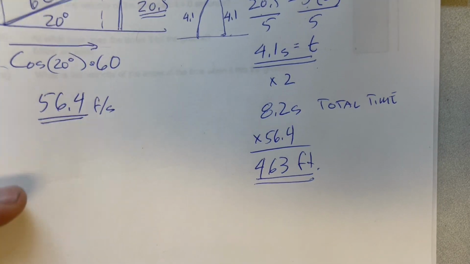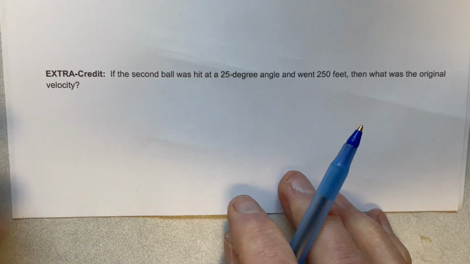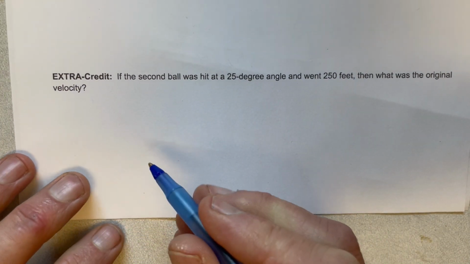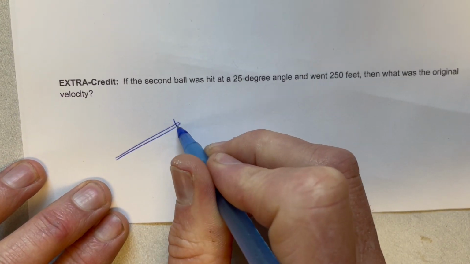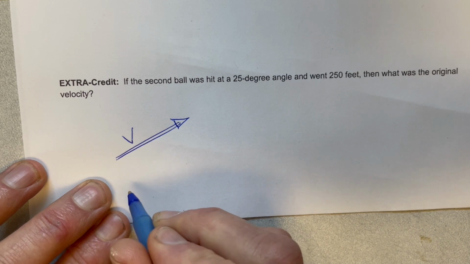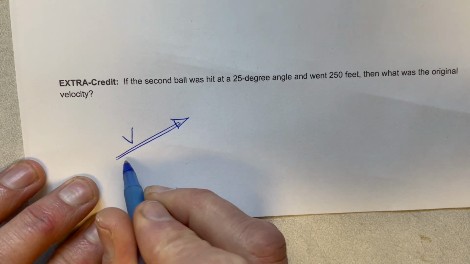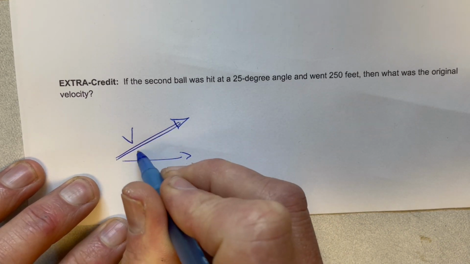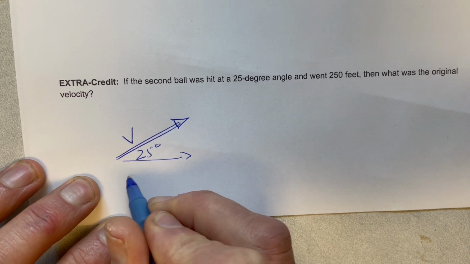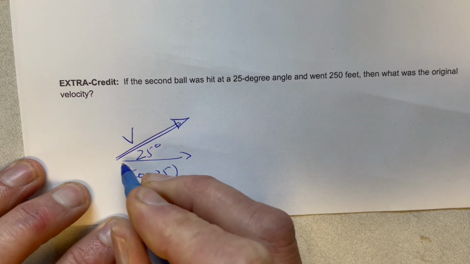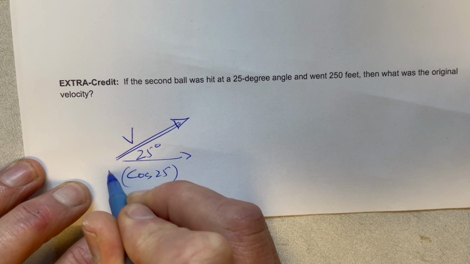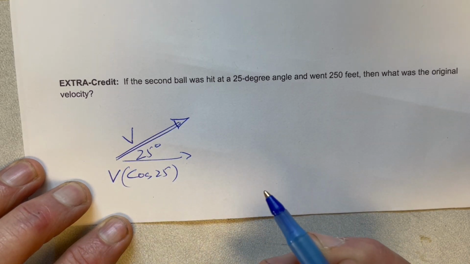Okay? With the extra credit, I'm actually going to keep the video short and not tell you exactly how to do it, but what I would do is the same thing as up above, but this is some mystery velocity. We do not know. We'll just call it V. And when I break that down, and I know that's 25 degrees, it's going to be the cosine of 25 times whatever V is. I'll put V out in front for that horizontal component.